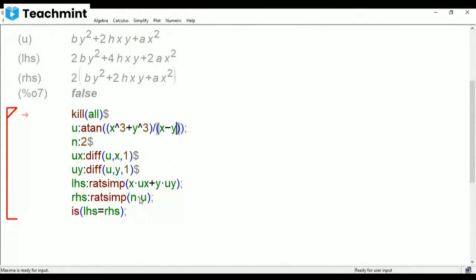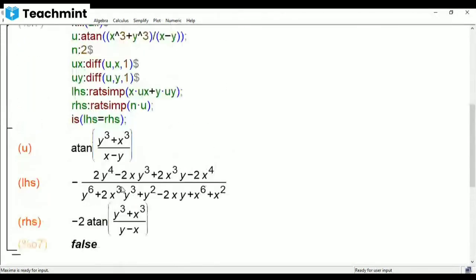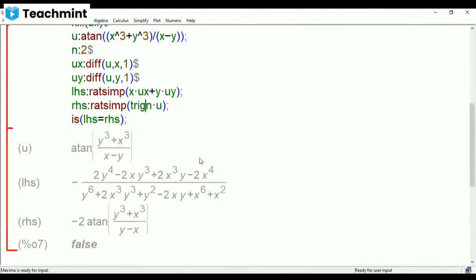If you use only rational simplification, see what happens. It involves only this much. But if you take along with this the trig expansion, there we have used trig expansion. Am I right?